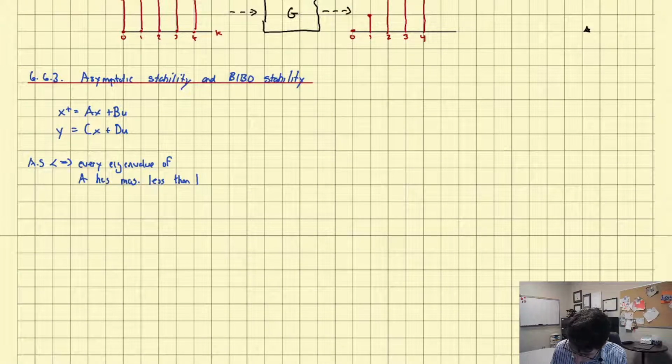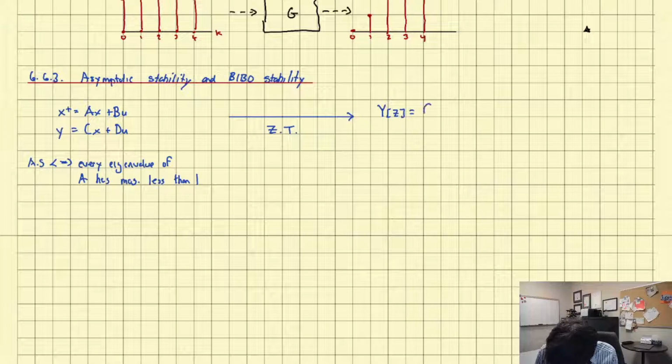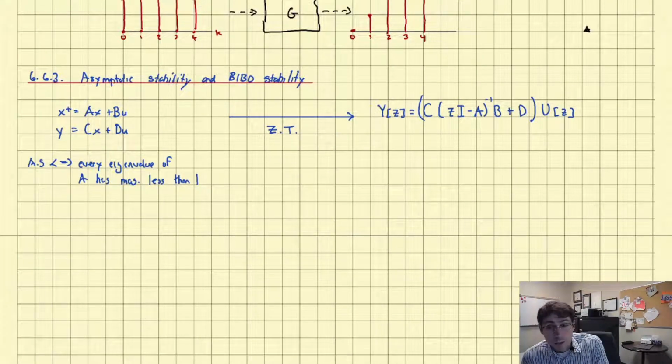Okay. Take Z transforms of that state space model to get a transfer function, right? This is what we did last class. And we know what that transfer function looked like. It's Y of z. Okay. Fine. Let's bring in the formula that we typically use to compute the inverse of a matrix.